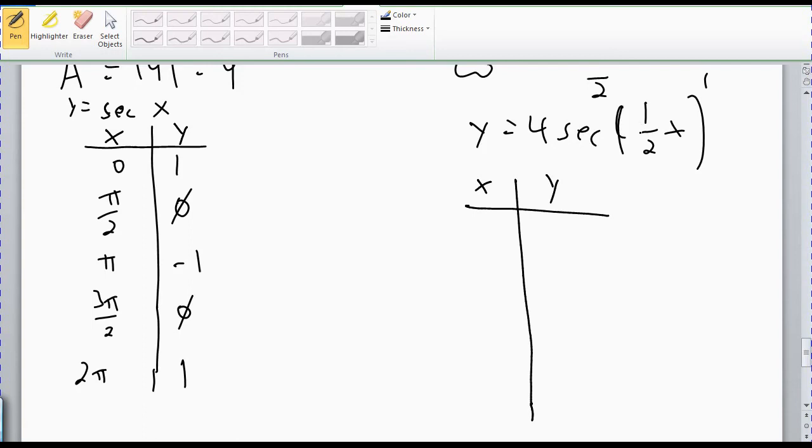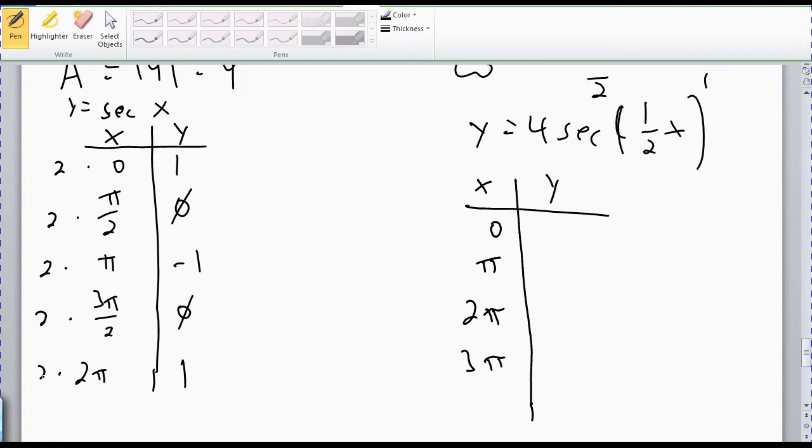Or in other words, by a factor of 2, which means we're going to take this 0 and times it by 2, and we get 0. Then we take pi halves times 2, and those cancel out, leaving pi. Then take pi times 2, and we get 2 pi. Then take 3 pi over 2 times 2, and those 2's cancel out, leaving 3 pi.